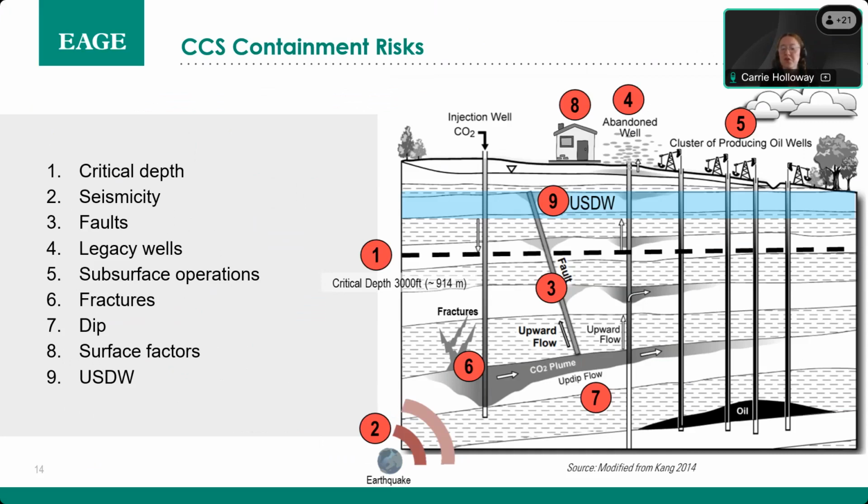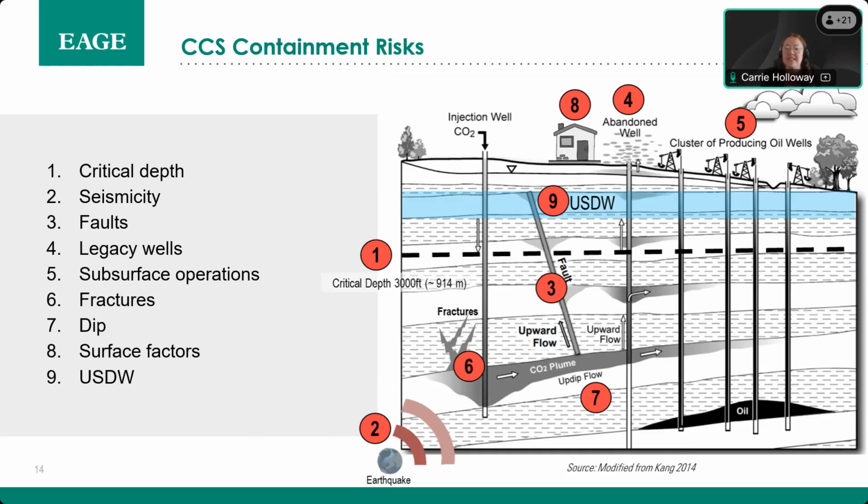We also want to avoid many legacy wells, especially old wells or deviated wells that penetrate the storage complex and could be a risk for leakage. Anything that does penetrate the storage complex, we need to consider for remediation, for example, with CO2 resistant cement. We also want to avoid impacting any ongoing subsurface operations, such as petroleum production, gas storage, or mining.